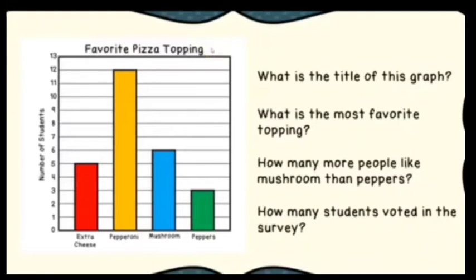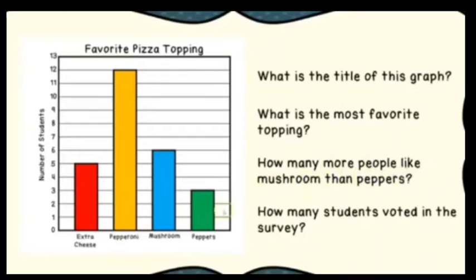Now this is the information. What is the title of the graph? What is the most favorite topping? How many more people like mushroom than peppers? How many students voted in the survey? Here the toppings are there and the number of students is also here, that is the scale.